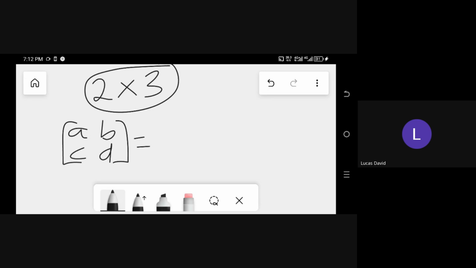So two rows by, we count the number of columns. You see that there are two columns as well. So two rows, two columns. So this is a 2 by 2 matrix, because we have two rows and two columns.